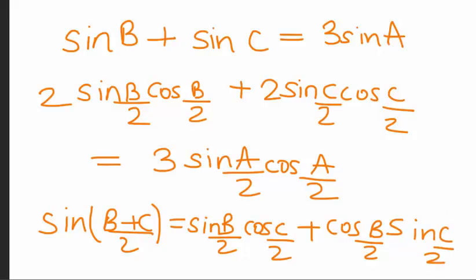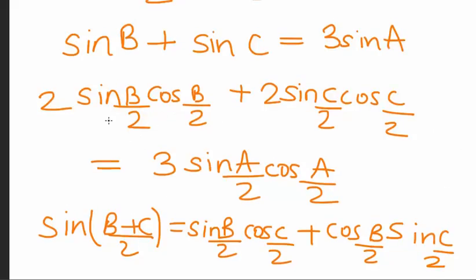Now let's pattern match this and this. We got the first term sine of b by 2, we also got the first term here, sine of c by 2. We also have the leading coefficient 2 here. So if I multiply 2 with both sides of this equation, it's not going to affect the equation, right?